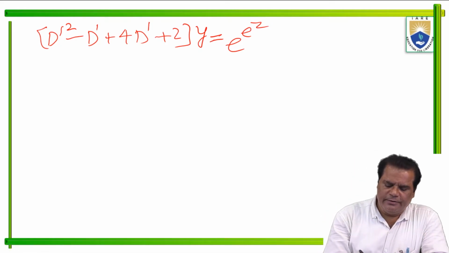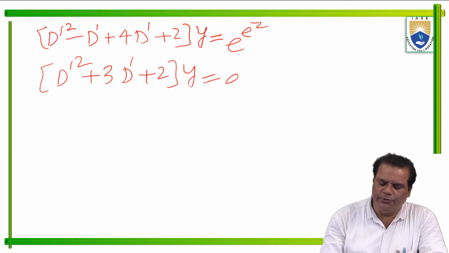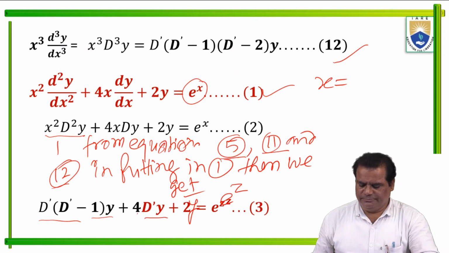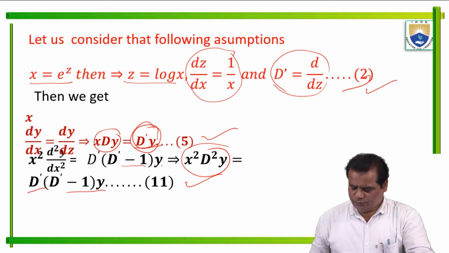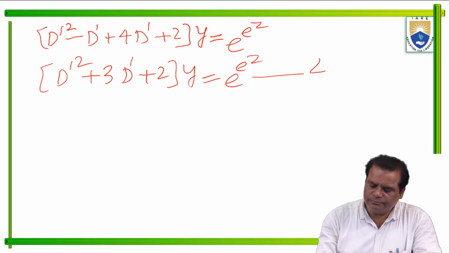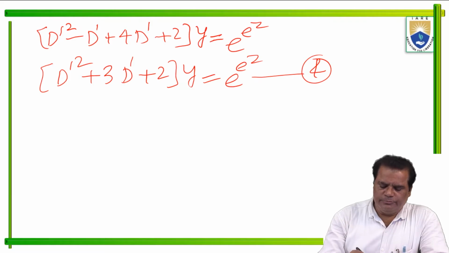So now (D' square plus 3D' plus 2) y equals e to the power z. This is equation 4.